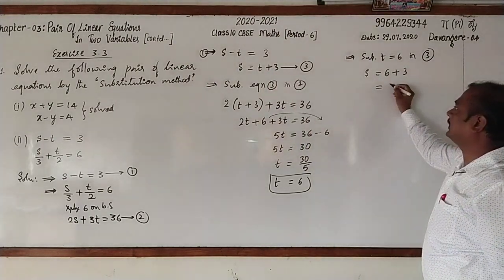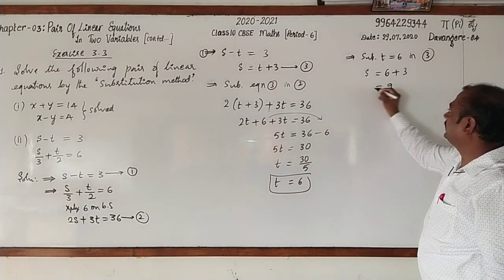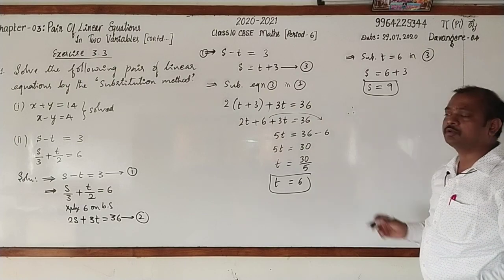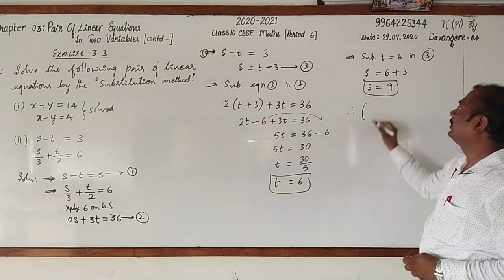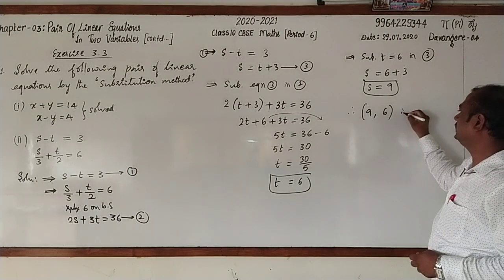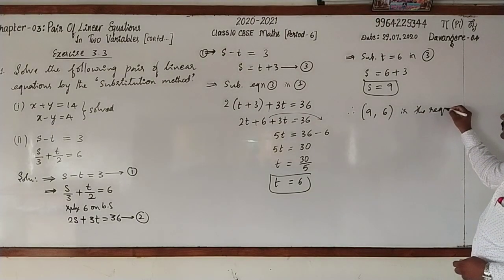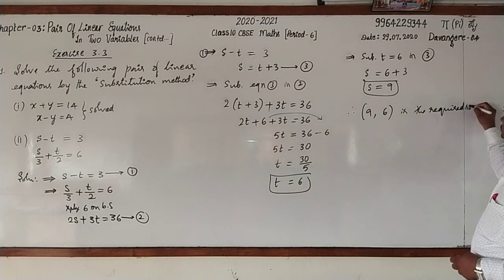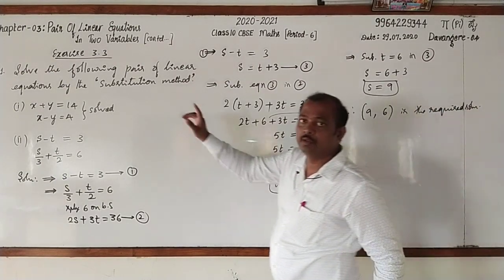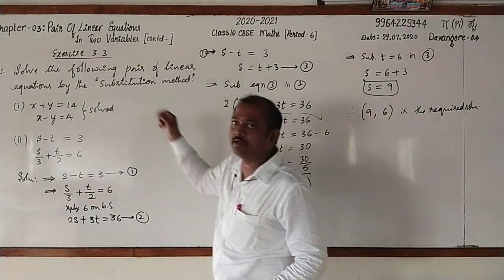What is 6 plus 3? It is 9. s equal to 9. Therefore, the conclusion you can write like this: s value is 9, t value is 6, is the required solution. Yes. Hope that you have understood. Please copy from there to here.